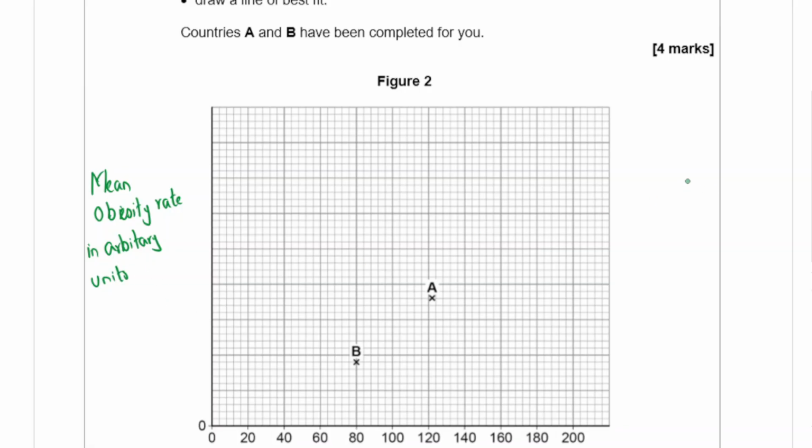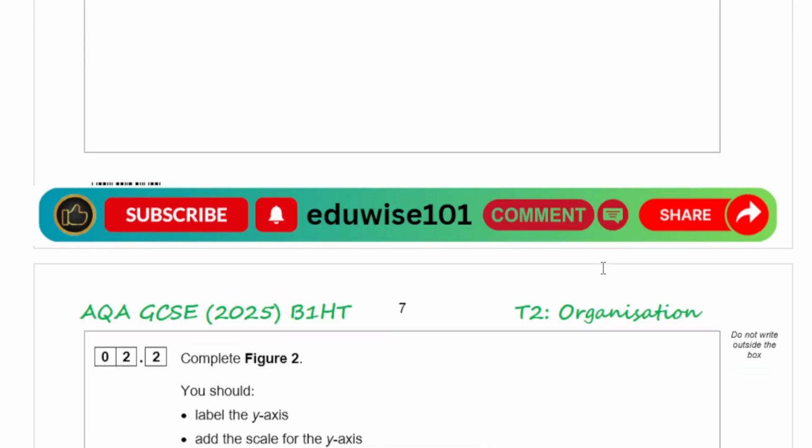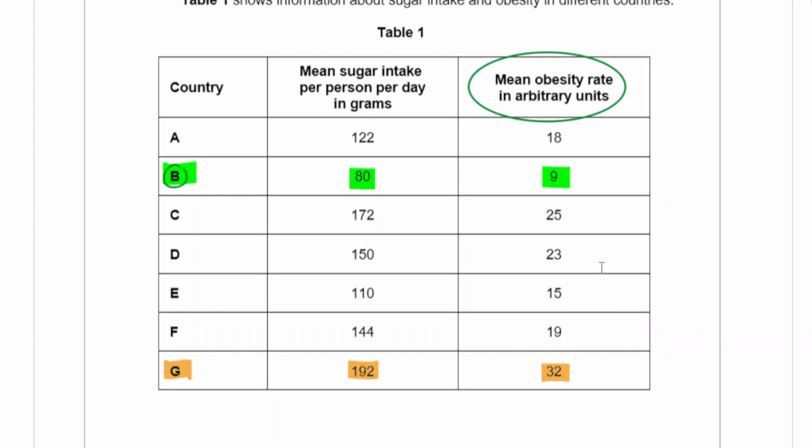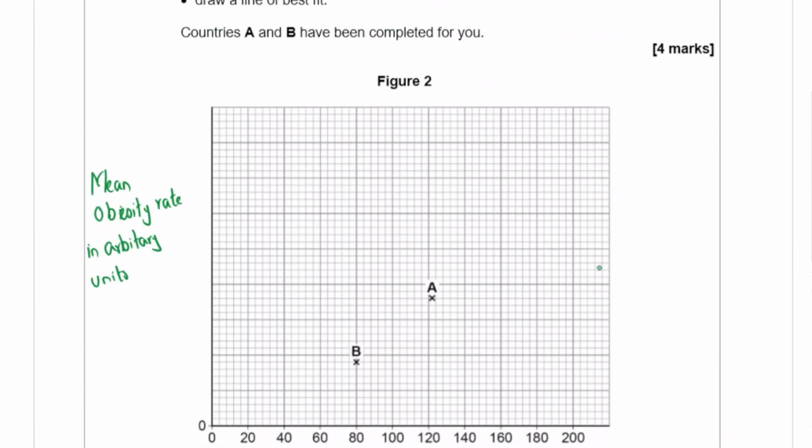So the lowest, well, we'll start at 0 because it's going to 9. The highest is 32. And B is 9, so this should be 10, and this is 20, 30, 40. So you don't have to label in between.